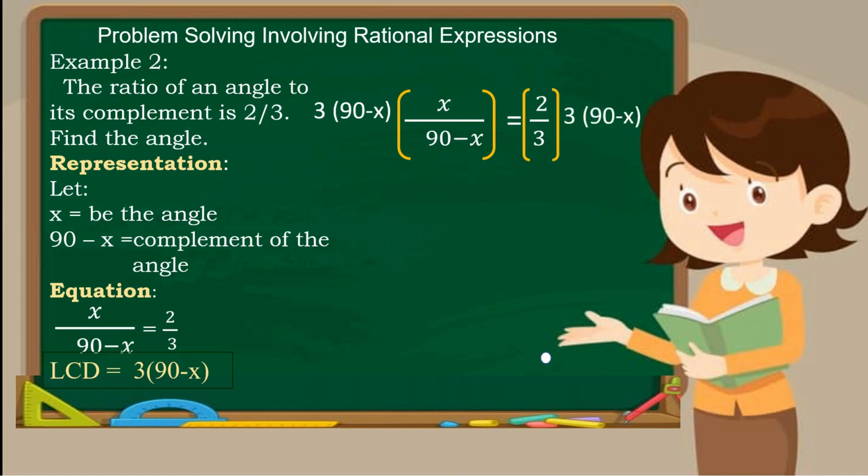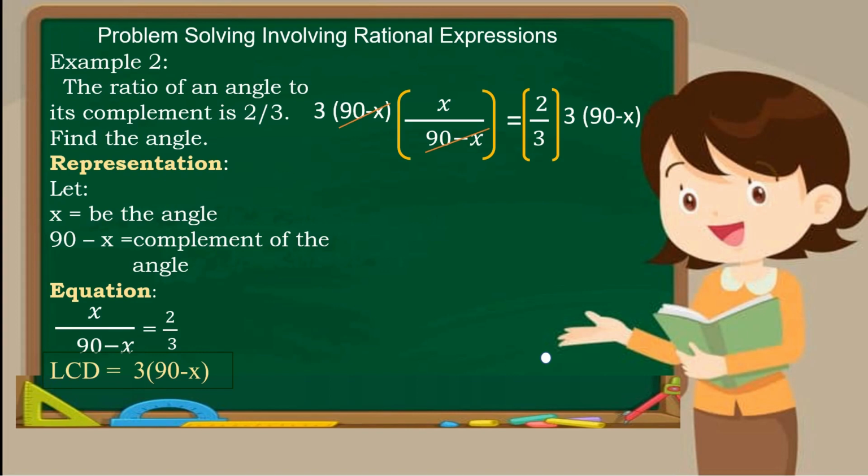I-multiply din natin yung 3 times quantity 90 minus x. O, diba? Okay. At since parang may nakikita kong mga common factors from the numerator and denominator, ika-cancel natin. Yan, may 90 minus x dito. Meron din tayo dito. So, pwedeng mag-cancel out itong dalawang common factors dito.